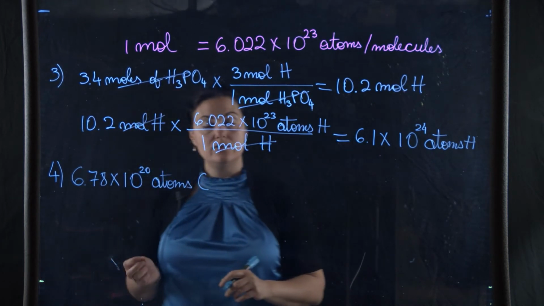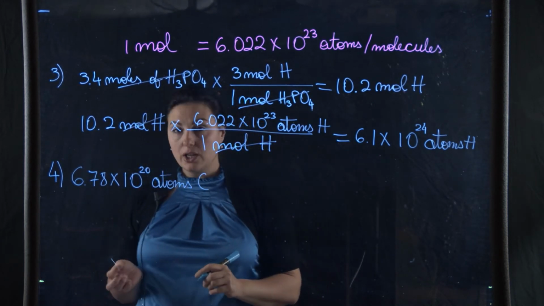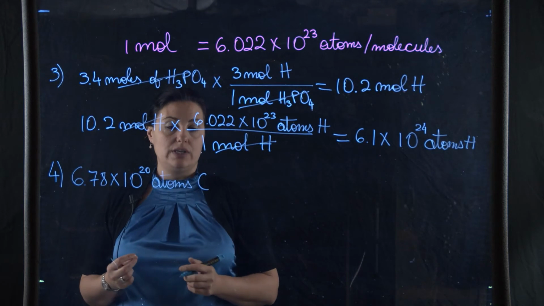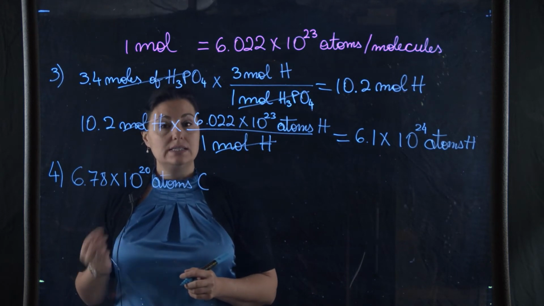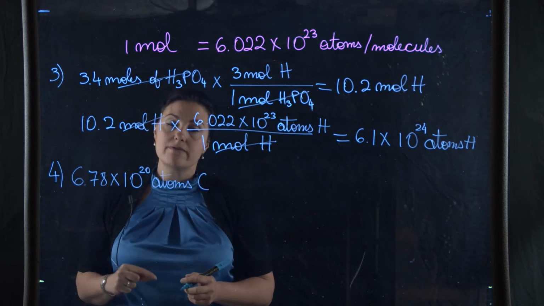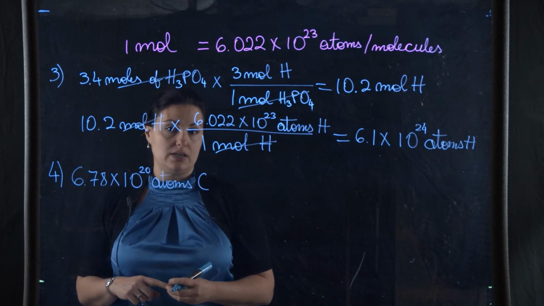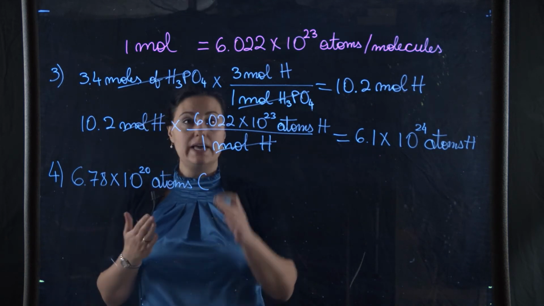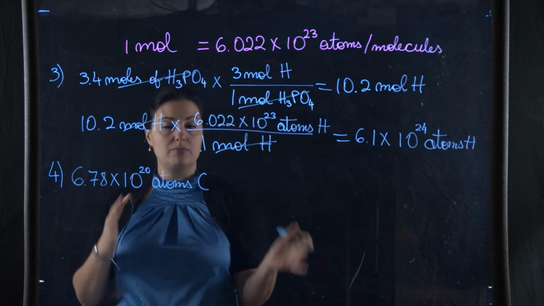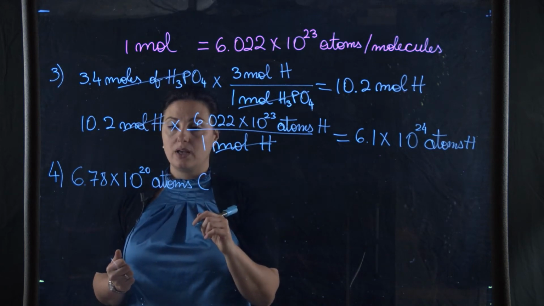Now, if I look at the molecule that I'm given, I notice that I have 6 carbons for every molecule of C6H6. Therefore, I can relate just like up here, except I'm going backwards.